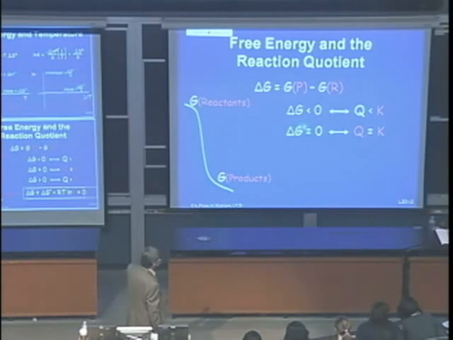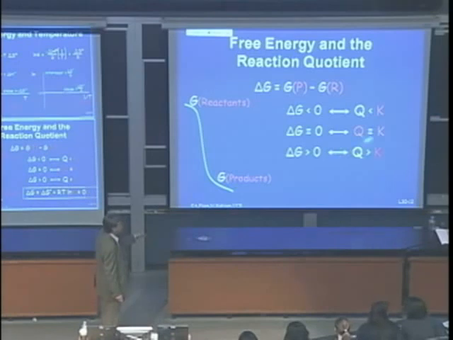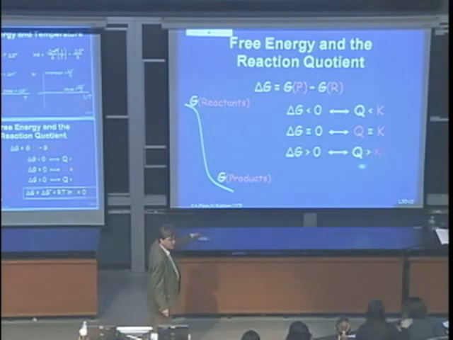There's no standard state. That's for equilibrium, and with this Q equals K. And if delta G is larger than 0, then your Q is larger than K. So where are you? More with the reactants, isn't that right? No, with the product. I'm sorry, you're more with the product if Q is larger than K.